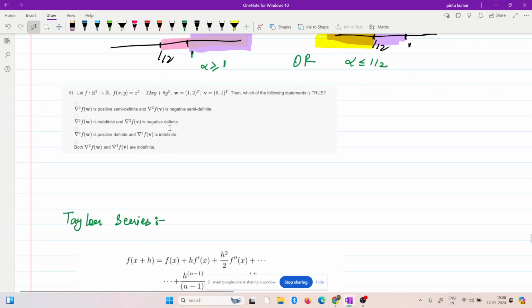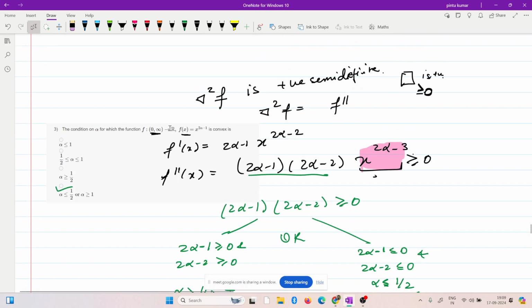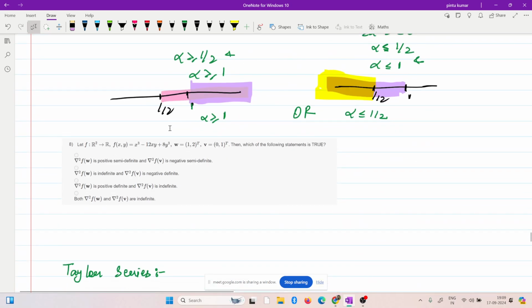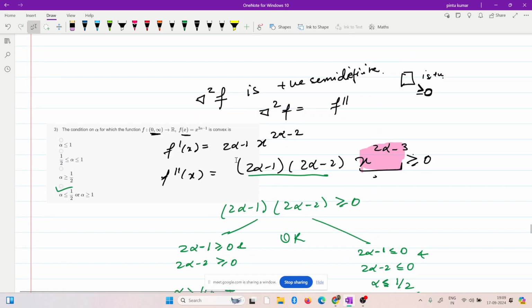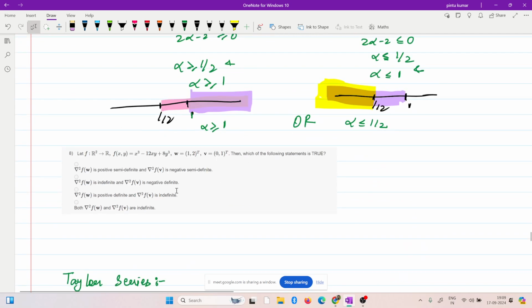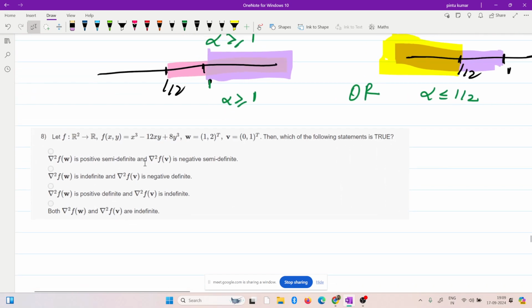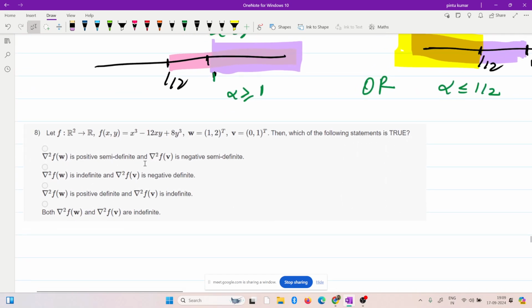Right now I just did a question with one variable. Now this is a question with two variables, which is the least that we should do. So this is a function. We have to check whether its Hessian is positive semi-definite or not at the two points we are given, so at both the points we have to check.